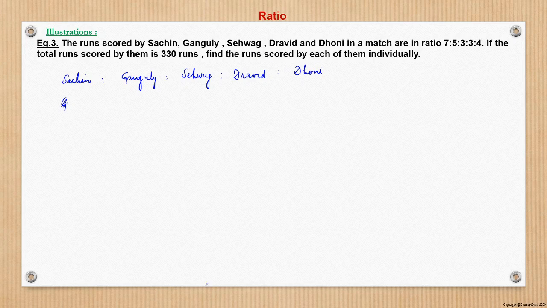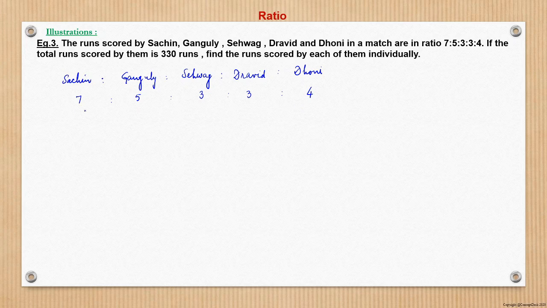So five players are scoring in the ratio of 7 is to 5 is to 3 is to 3 is to 4. So this means that if Sachin scores 7 units, Ganguly will score 5 units, Sehwag scores 3 units, Dravid scores 3 units, and Dhoni scores 4 units.